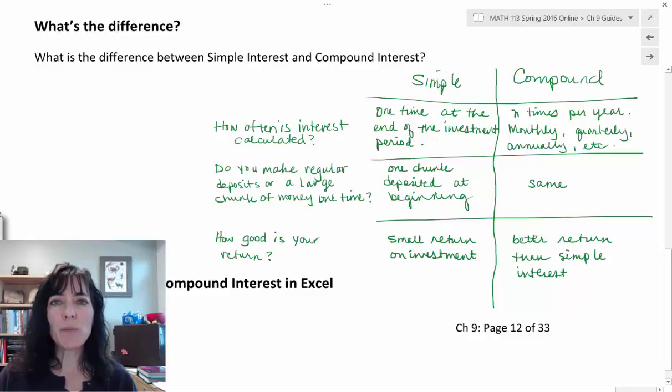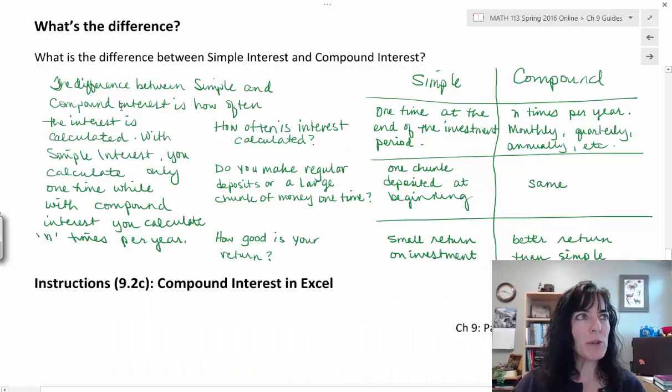And so if I was being asked what's the difference between simple interest and compound interest, I would want to write a sentence that explains that difference, but I can use this T-chart to help me find things to say. What I've written is the difference between simple and compound interest is how often the interest is calculated, and that's kind of summarizing this row of our table.